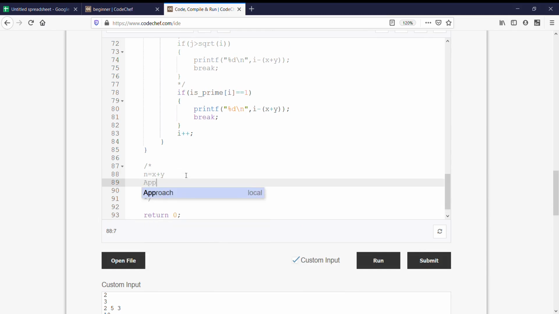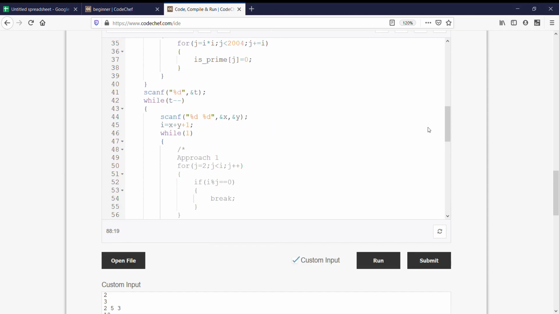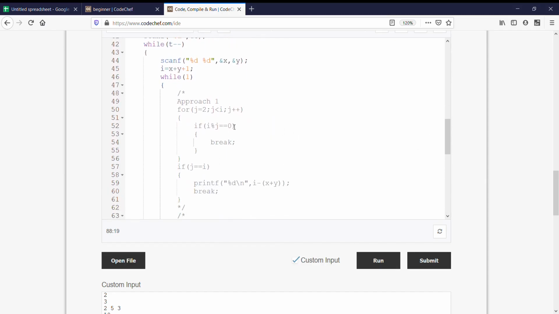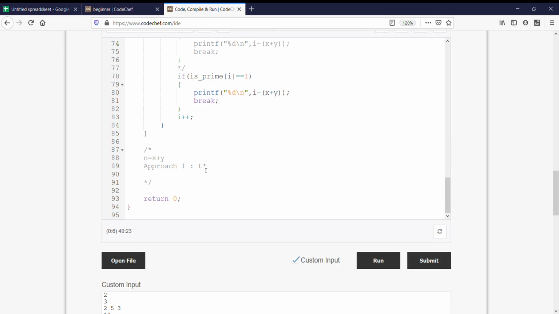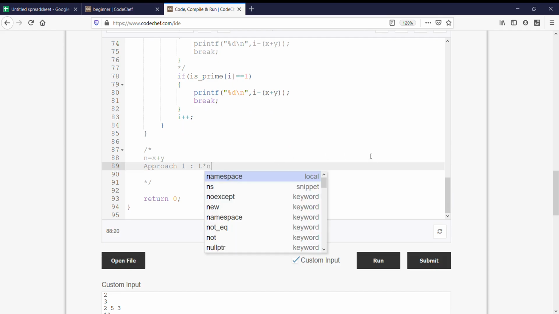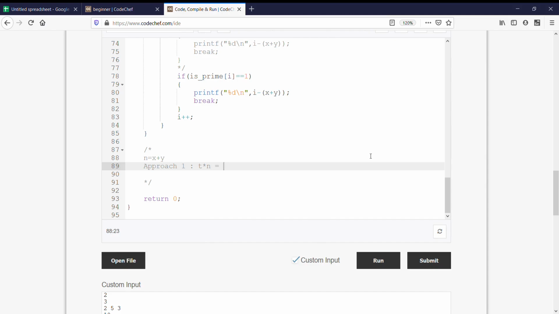Then for approach 1, for each test case t, we were executing for each i, and at each i we were going from 2 till j equal to i. That means almost all numbers, which we can say as n times. Taking the worst case, t equals 1000 and i equals 2000, so it would become 2 into 10 raised to 6 computations.